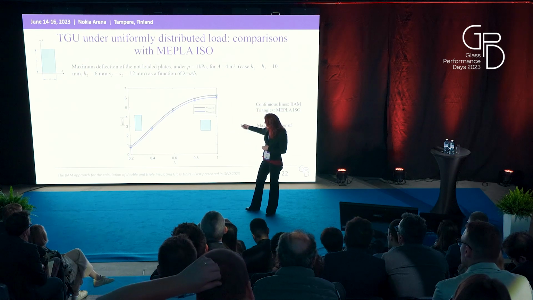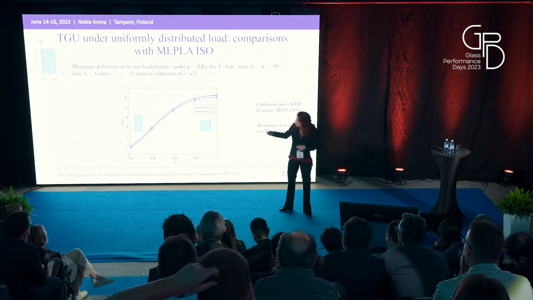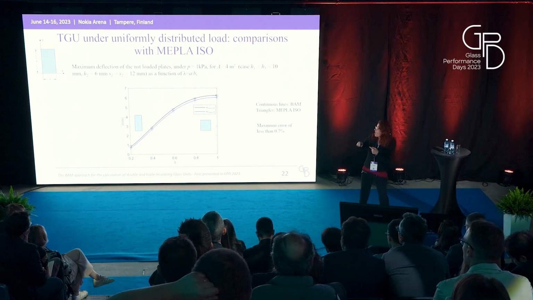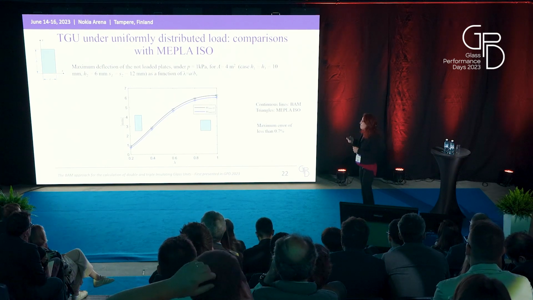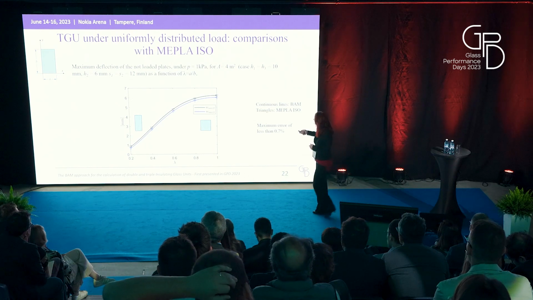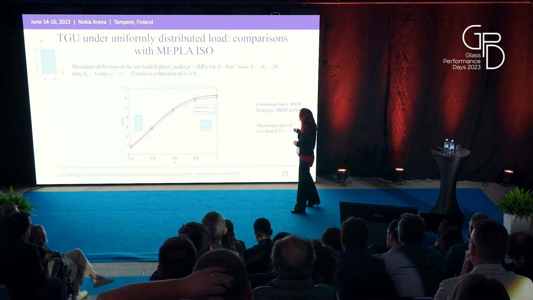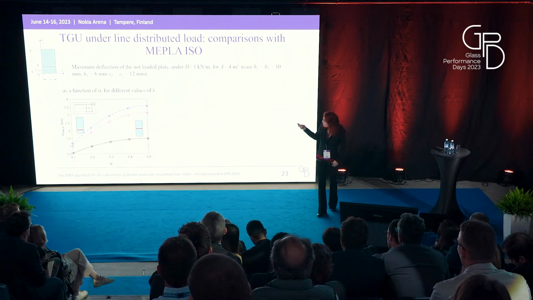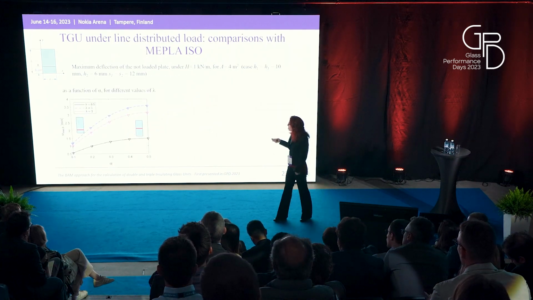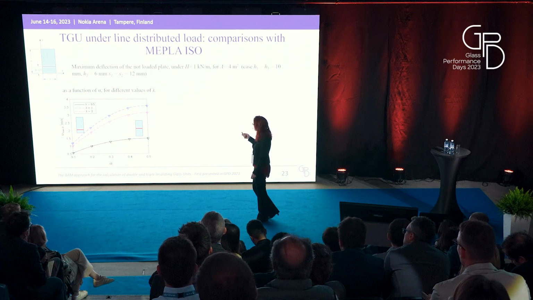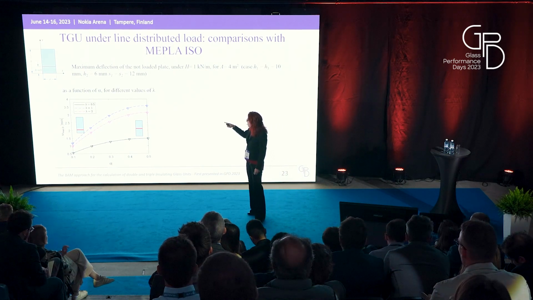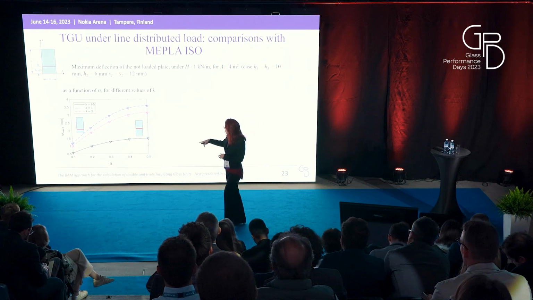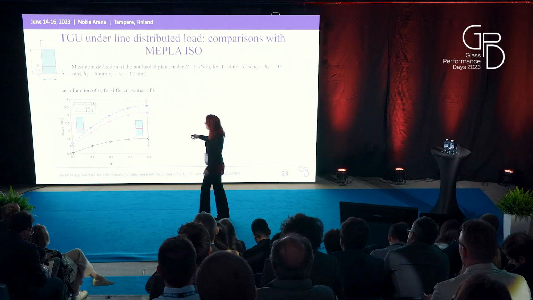In this graph, the deflections of the two not loaded plates, the intermediate plate and the external plate, are plotted. Again, there is a very good agreement between analytical and numerical results. For the case of line distributed load, this graph shows the deflection of the external not loaded plate as a function of the loading position, alpha.